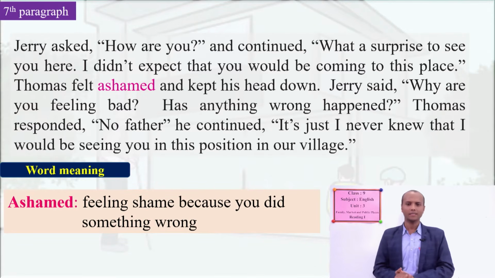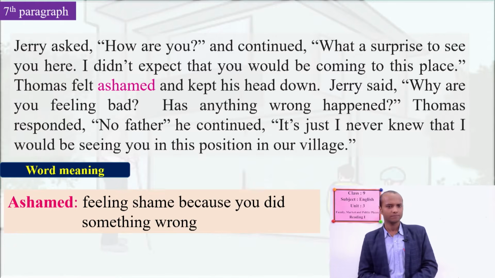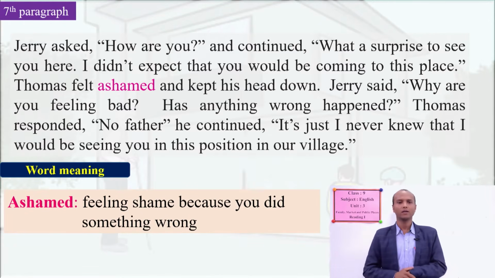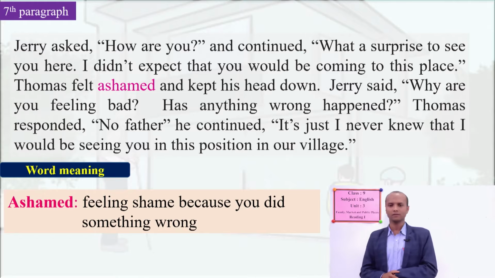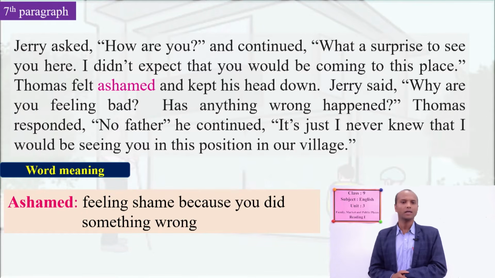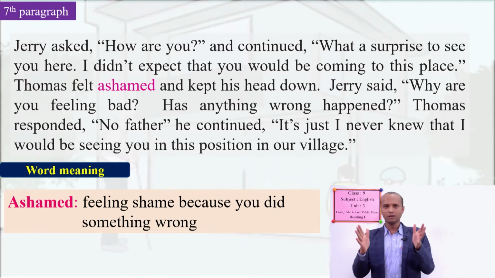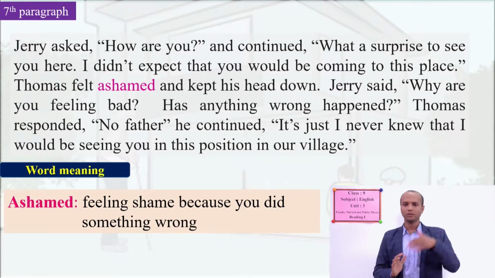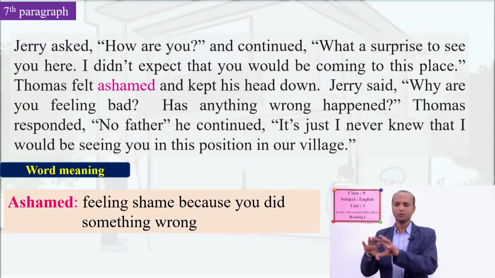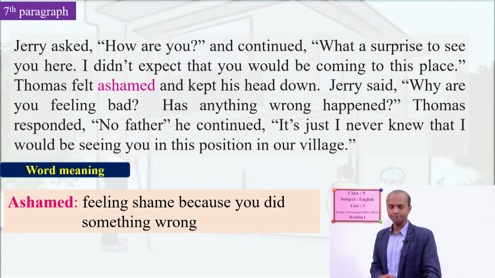Has anything wrong happened?" And Thomas replied, "No, father, it is just I never knew that I would be seeing you in this position in our village." That means the son felt bad about where their parents were staying at the time.